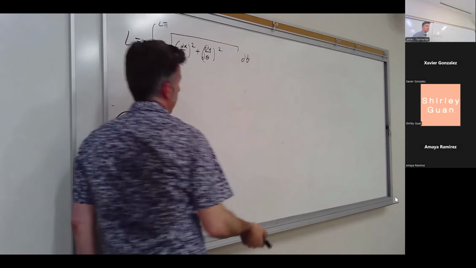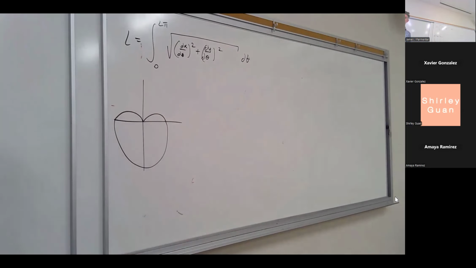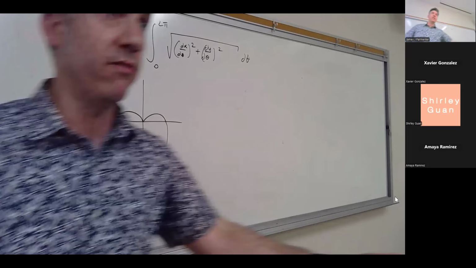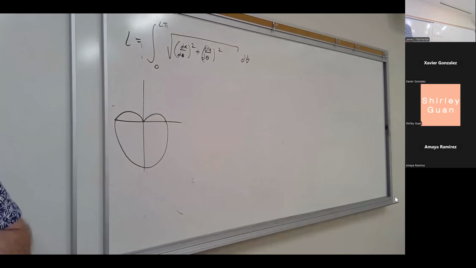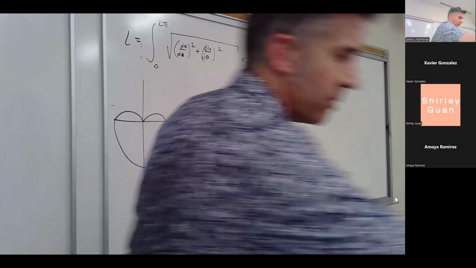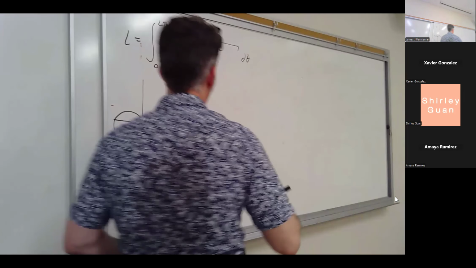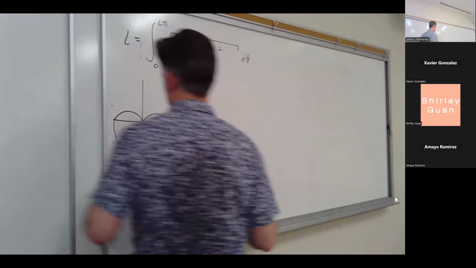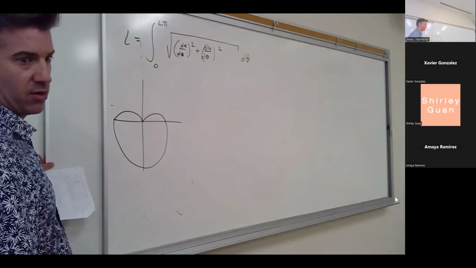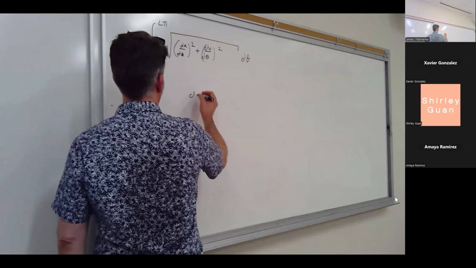A lot of these polar calculus things are really just parametric calculus things, but reworked to be in terms of theta instead of in terms of t. So for our dx d theta, this is where it'd be a good idea to simplify things.